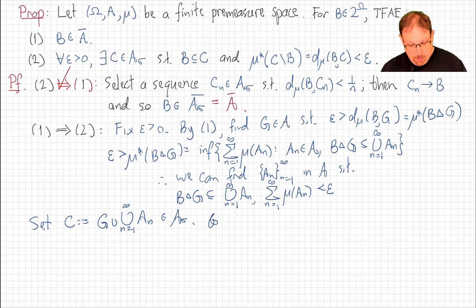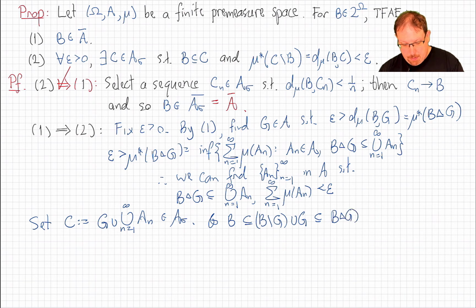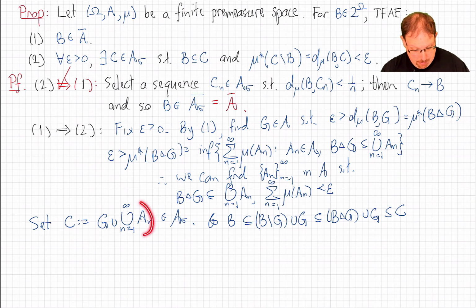And moreover, the original set B is certainly contained in B minus G union G. And B minus G is contained in the symmetric difference of B and G. So this whole thing is contained in the symmetric difference of B and G union G. And that is contained in C because B union G is contained in the union of the ANs by construction.